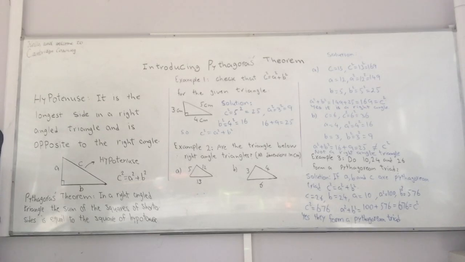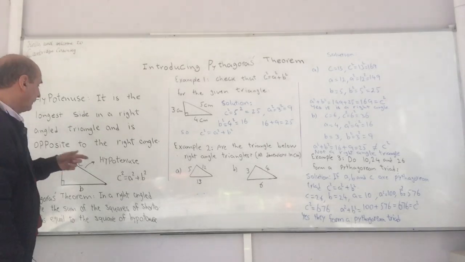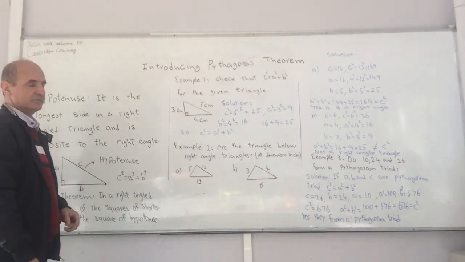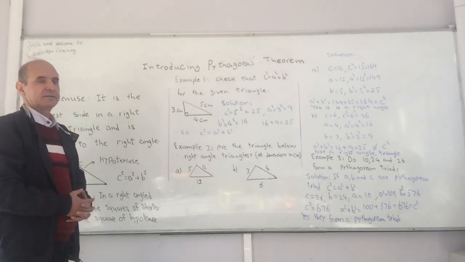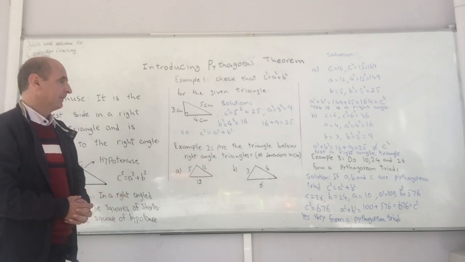What it states is that the hypotenuse squared is equal to the shorter sides squared and added.